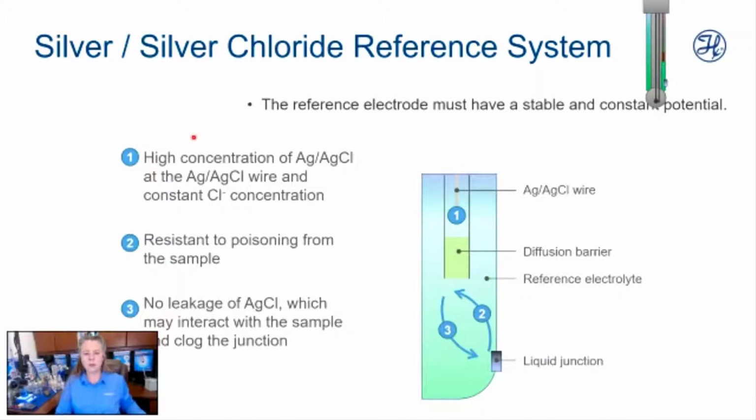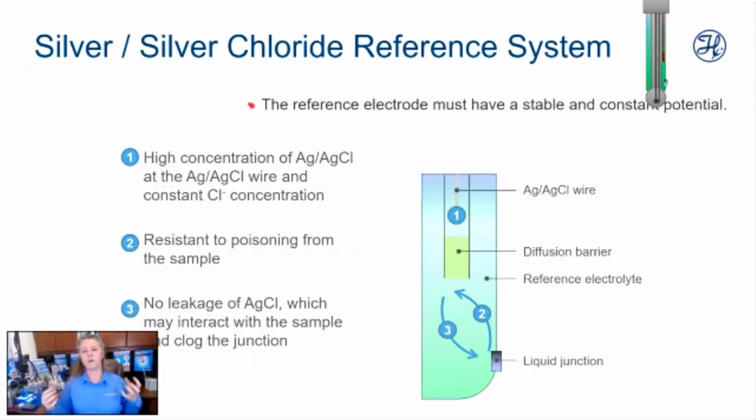We're going to talk a little bit about the silver chloride reference system. Caveat first: silver plus protein makes a big, ugly, insoluble mass of black particulate. It's possibly the worst thing we could use in biological samples, except that it is the best thing to use for pH reference.